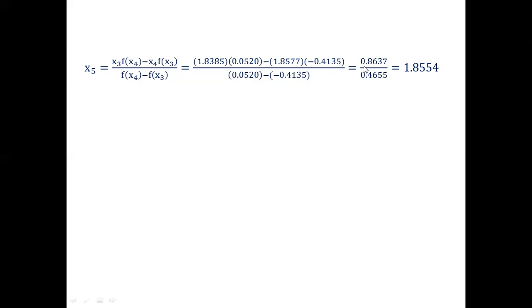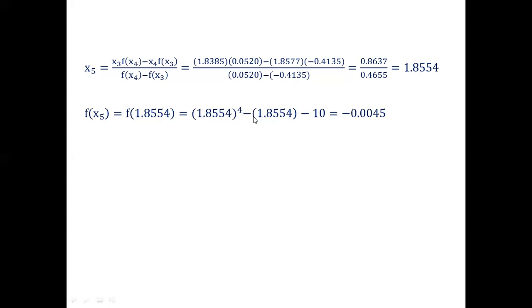Numerator simplification is 0.8637. Denominator simplification is 0.4655. That ratio gives 1.8554. Next, f of x5 is f of 1.8554.